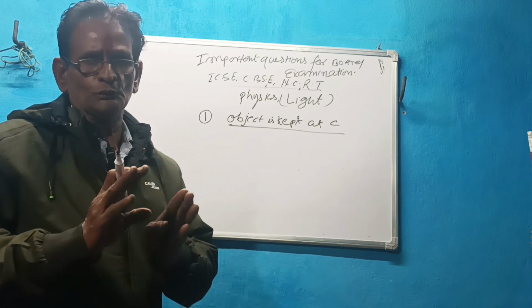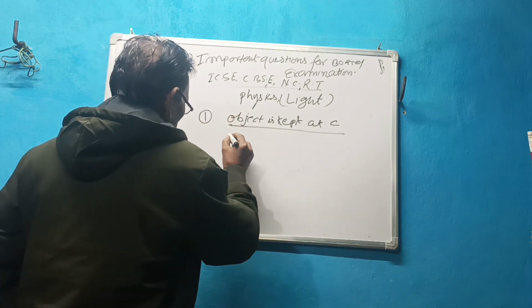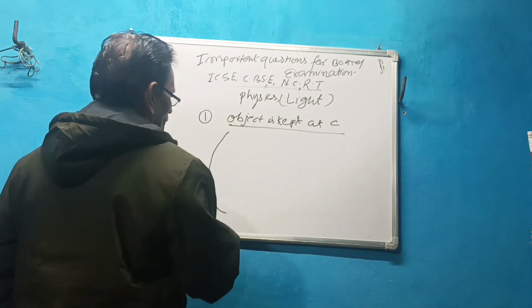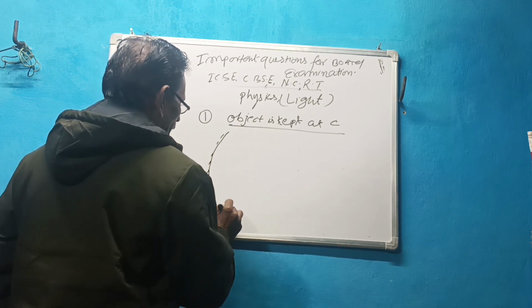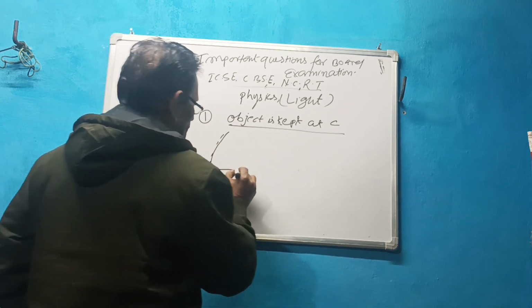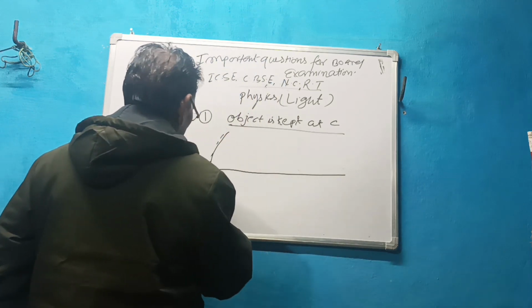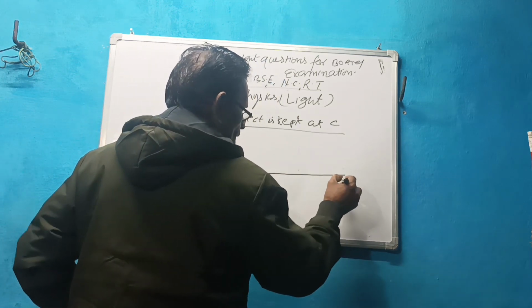I am going to teach you. So here, suppose I have taken a concave mirror. This is your concave mirror and this one is the principal axis, PX.